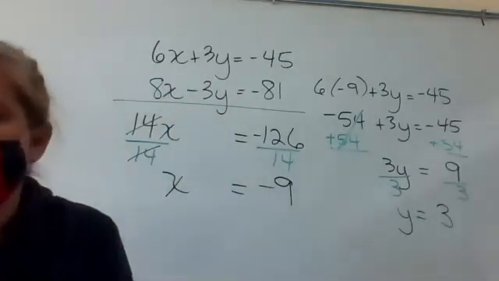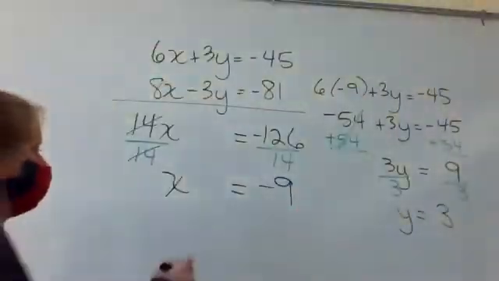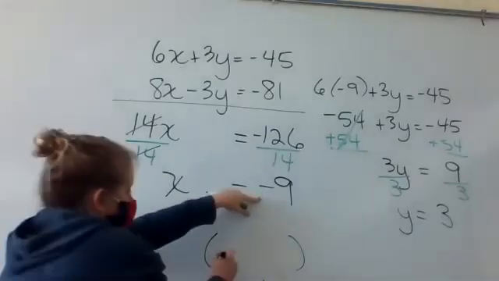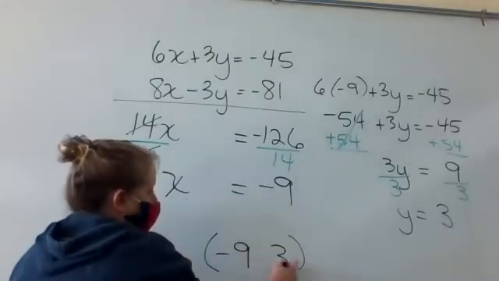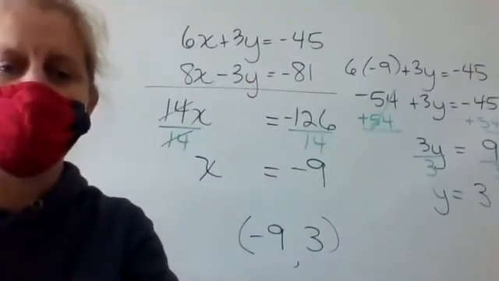So when you enter your answer, write it as an ordered pair: x is negative 9 and y is 3, which is where those two lines would cross.